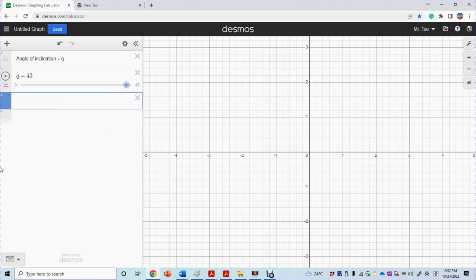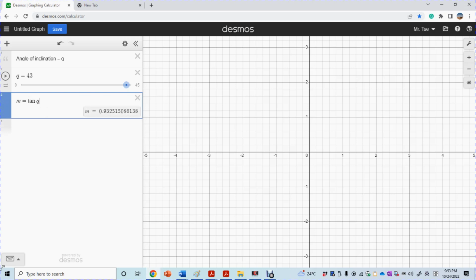So how can we use that in our straight line? A straight line is y equals mx in my example. So let's link the value of m with the angle q here. Let's say m equals tan q.